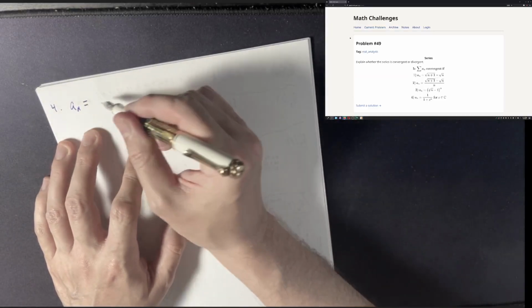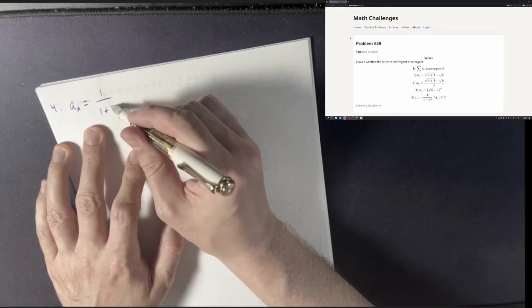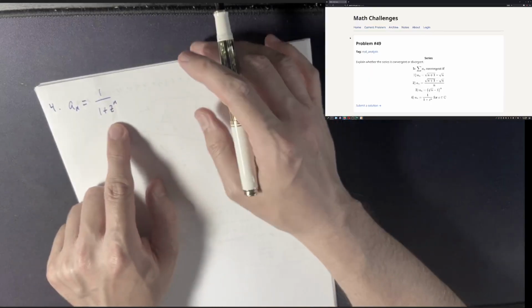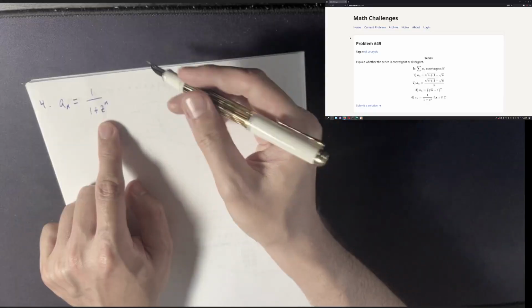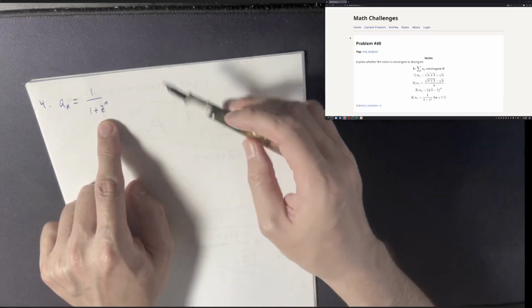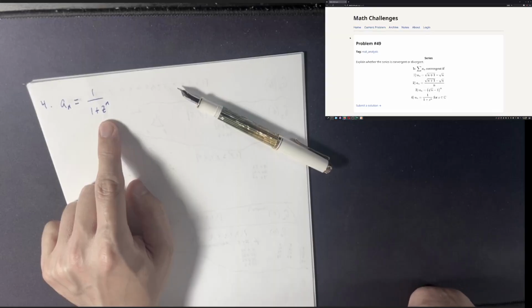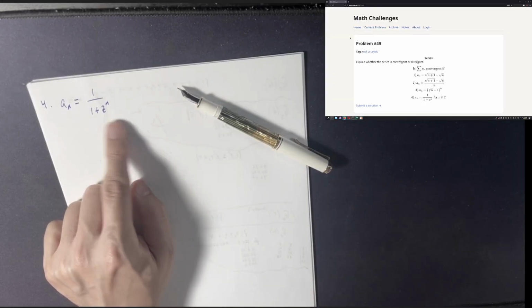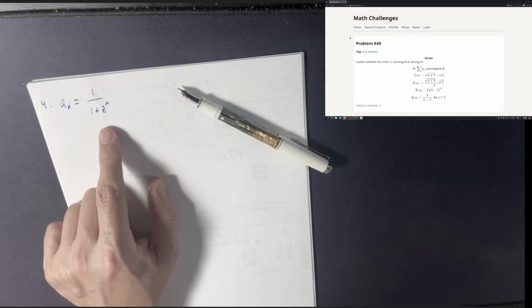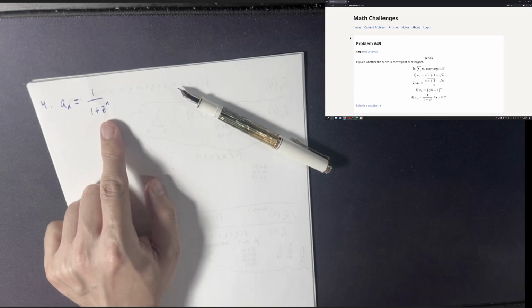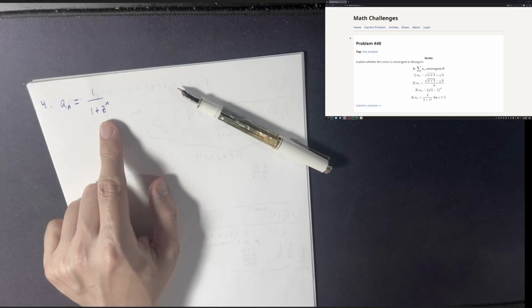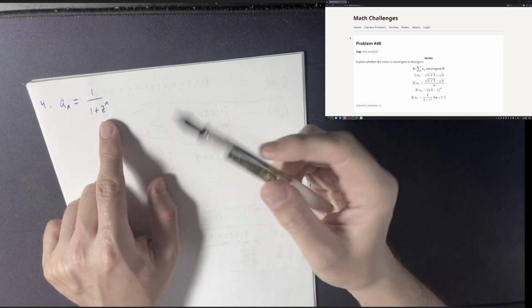It just says... So obviously there are some for which this makes no sense. Like if you threw i in there for z, then every 4 terms you're going to get division by 0, so it doesn't even make any sense. You plug -1 in there, then half the time it doesn't make sense. So we're going to get different answers depending on what complex number you plug in.